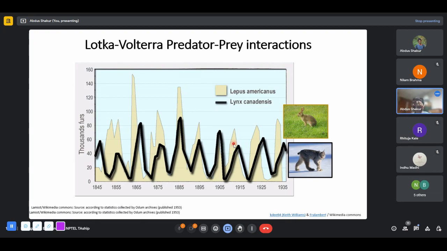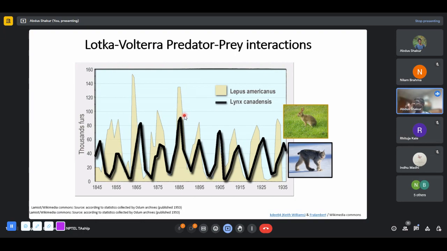What they found was there was a cyclical movement. Once there is a higher number of predators, their prey will be low, and as the predator number gets down because there are very few prey, the prey increases because there are very few predators to kill them. Since there is a huge number of prey, the predator also comes up. So it just goes on like this.